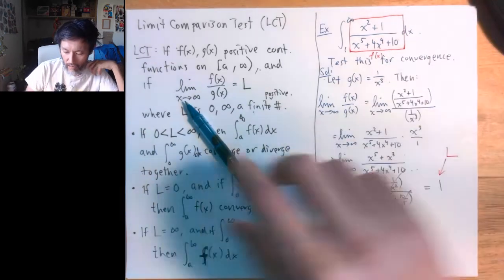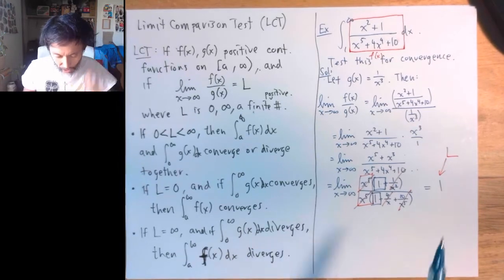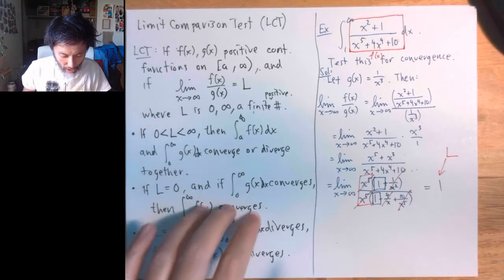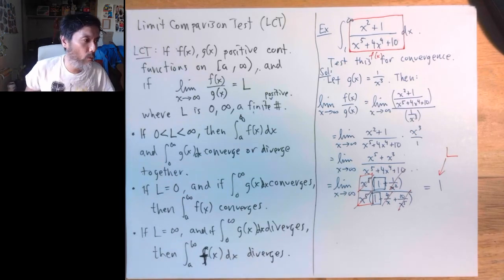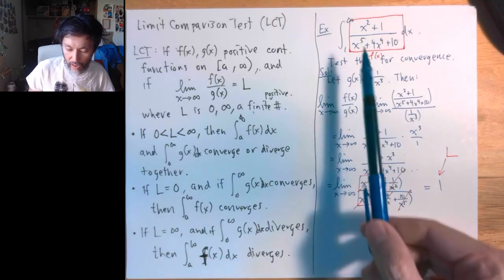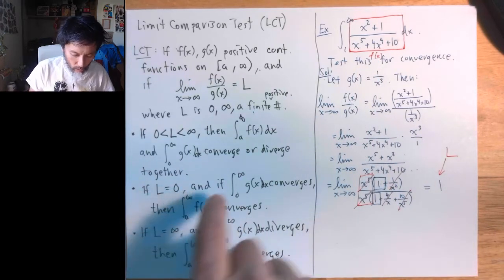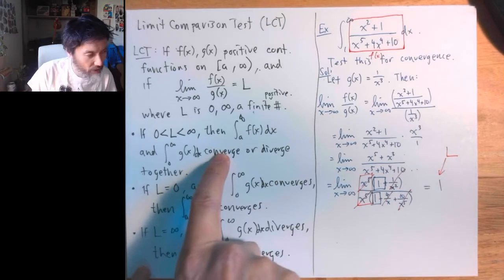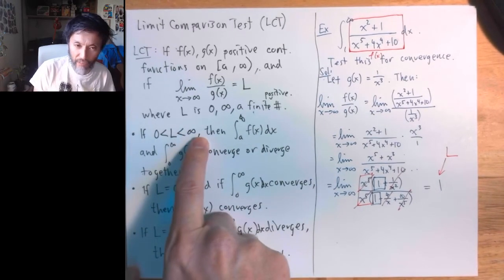Okay. So now, given that that's the case, we can look at the trichotomy presented by the limit comparison test and determine which of the 3 cases we are landing in with this choice of f of x and g of x. Well, it's pretty clear that where we're landing is this first case, right? L is 1, so it's between 0 and infinity proper.